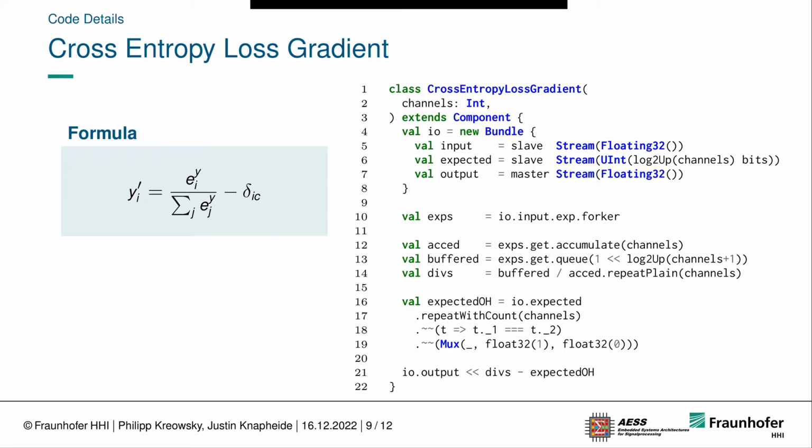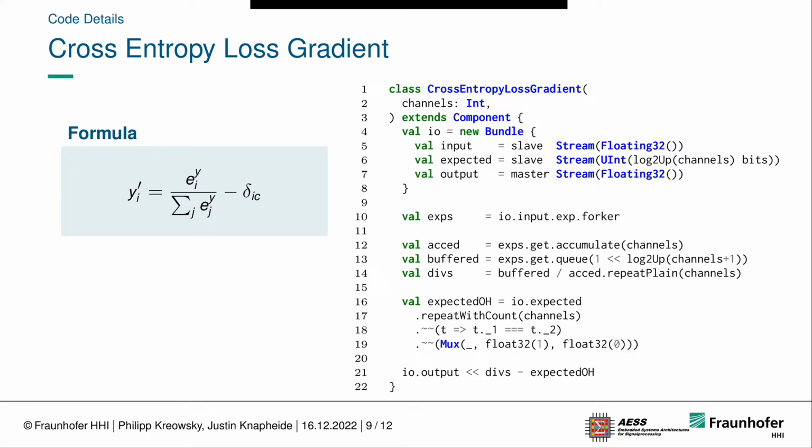As a first example, you can see a very simple layer from our networks, the cross entropy loss gradient, which is often just the last layer in a net. It takes a computed result y and an expected result or expected class c and computes the gradient y prime.